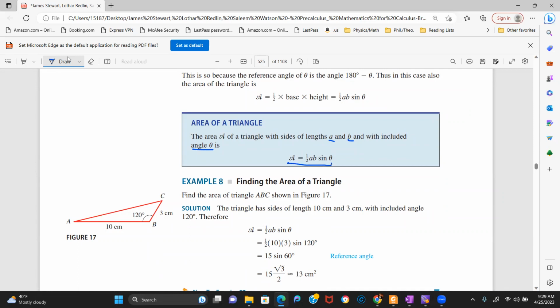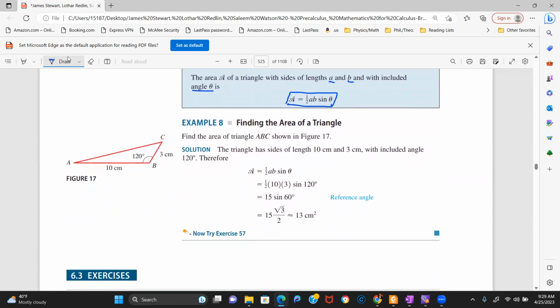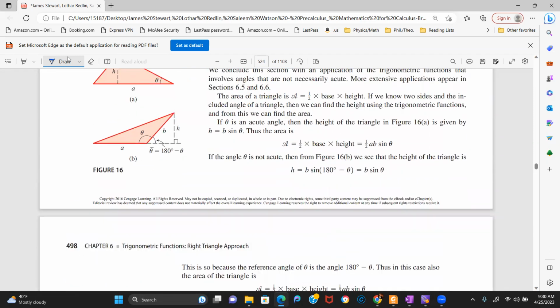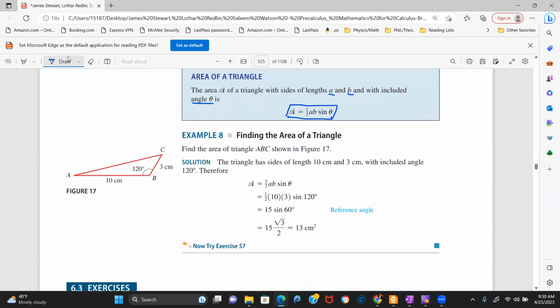It's 1/2 AB times sine of theta. So let's see. Here's an example doing that. So I guess just memorize this formula. If you want, work through the proof though, that will maybe help you memorize it.